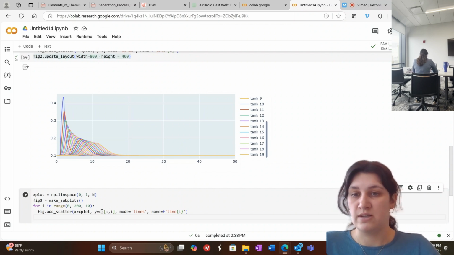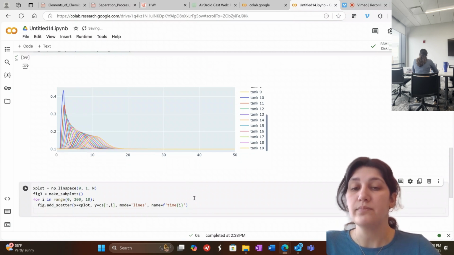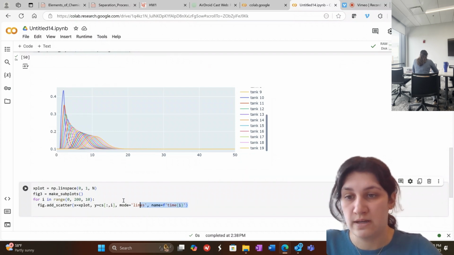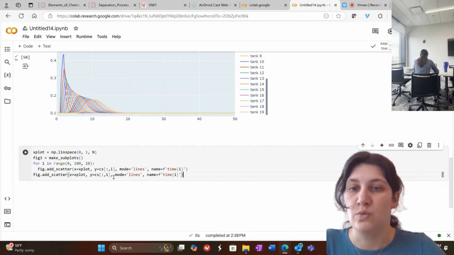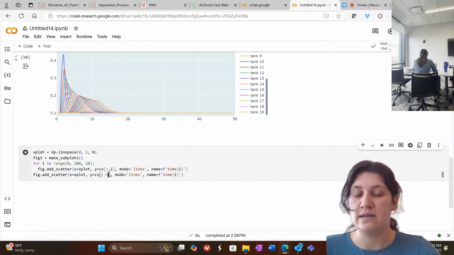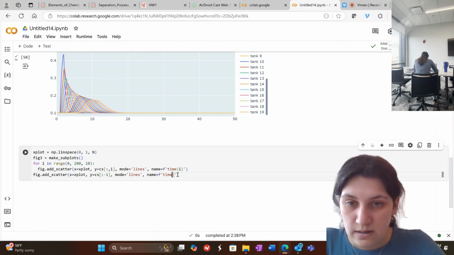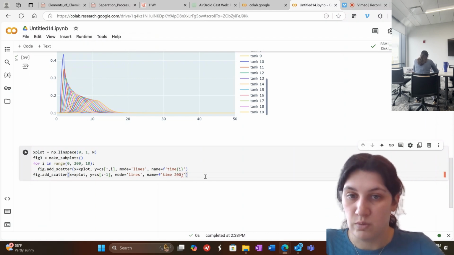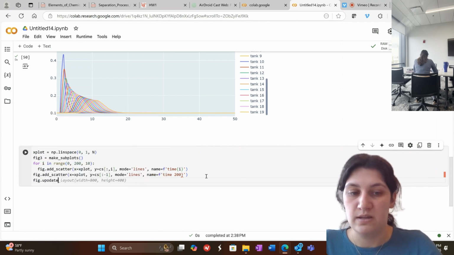Since we're in increments of 10, we aren't going to quite make it to 200. It's going to stop before that. So we're going to copy paste this and make a separate line for just the last tank. So instead of going to i, it's going to go to the last tank. So we're going to put it as -1, and we're going to call it time 200. Finally, we're just going to update the layout.